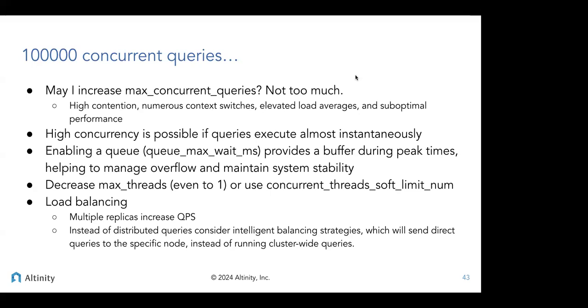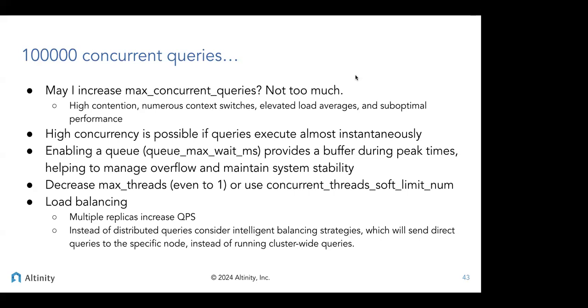Also, if you have a lot of concurrent queries, usually you need to be very careful with threads. ClickHouse by default will allow a single query to use as many threads as you have cores in your system. So if you have a 16-core CPU, your single query will start 16 threads.